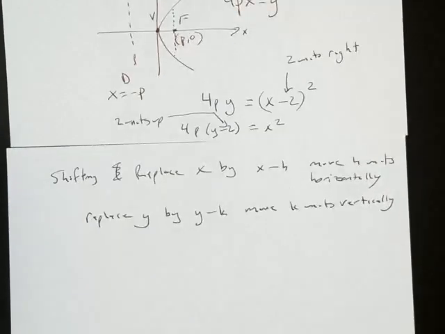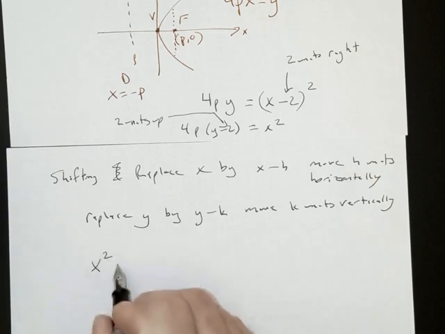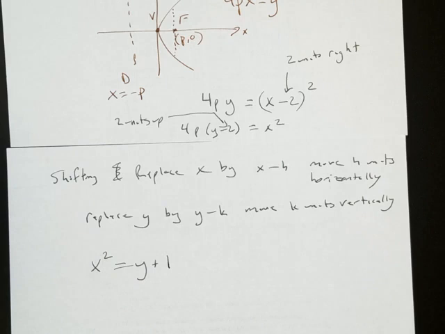Now, what's important to note here is that the number is subtracted. So something like this. If it was just y equals x squared, it would go through the origin, because we've seen that graph 1,000 times.